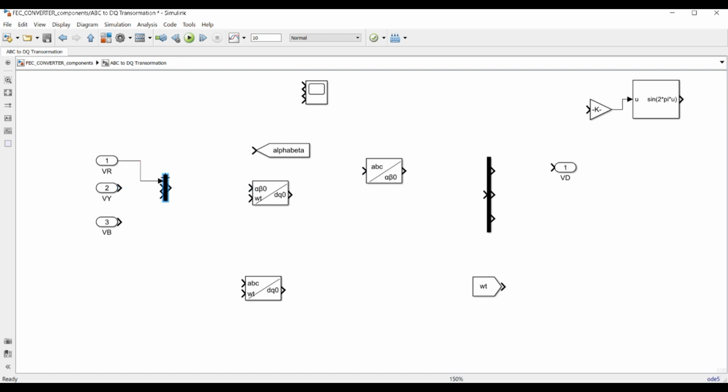So I will be connecting these parts VR, VY and VB.